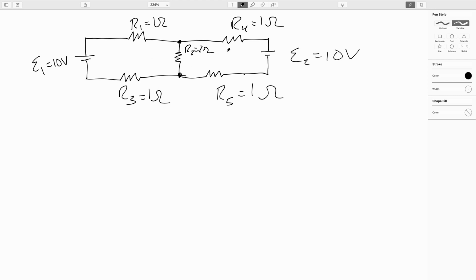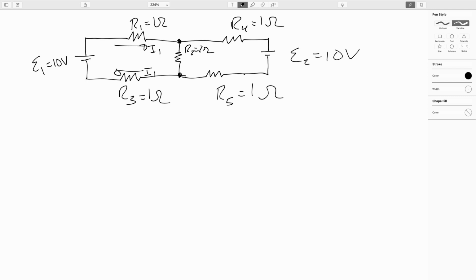But I'm going to intentionally make a bad guess along the way, just to show that the world doesn't come to an end if you guess wrong. Here we're going to guess right, and we're going to say that this current I1 is flowing through this chunk of the circuit clockwise, and that's also up through the battery.